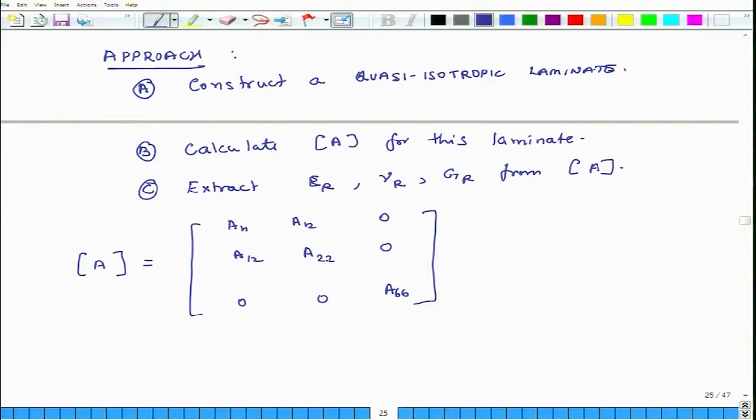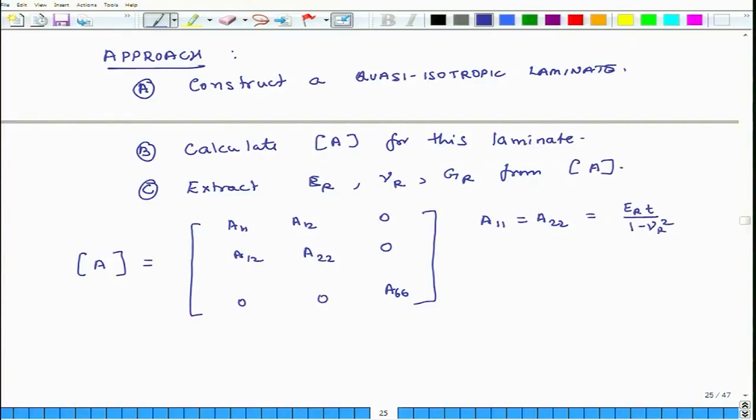I will not write it in the matrix, I will write it separately. For quasi-isotropic laminate, A11 is equal to A22, and if it is an isotropic material, I can also write it as ER times T divided by 1 minus nu R square.